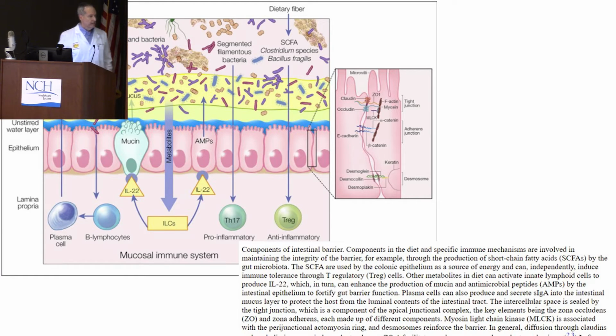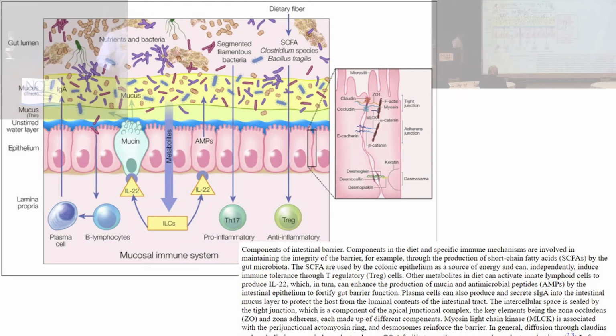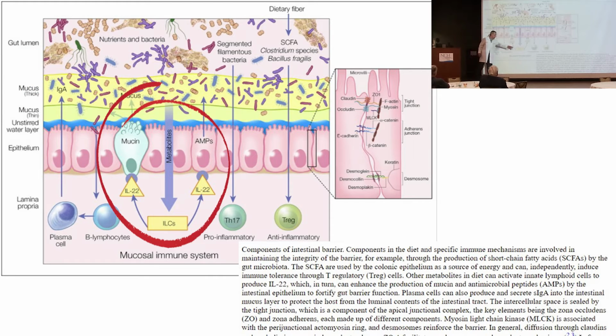Now, you'll see this in a number of different areas here, and I don't have my pointer here, but in the lower center here, we have innate lymphoid cells that produce IL-22, an interleukin that stimulates goblet cells to produce mucin, but also these ILC cells produce IL-22 that stimulates antimicrobial peptides that are secreted at the luminal surface.